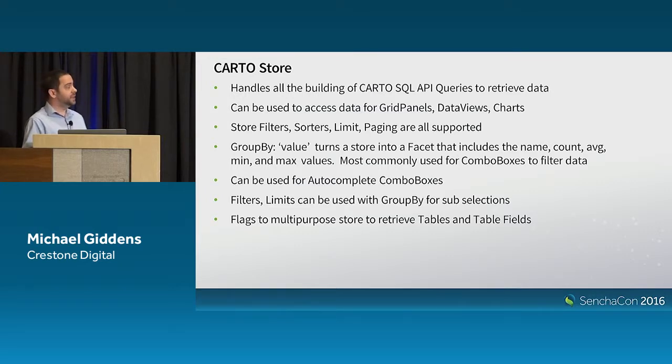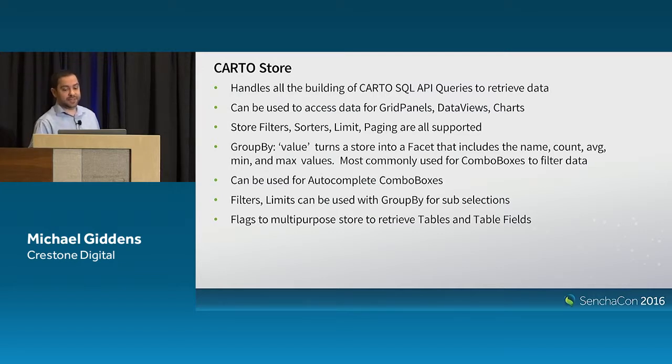We have added a new group by value, which turns your normal fields store into an aggregation feature. And it's really powerful for generating statistics. Any Postgres stat aggregation that you may want to use will work in this feature.